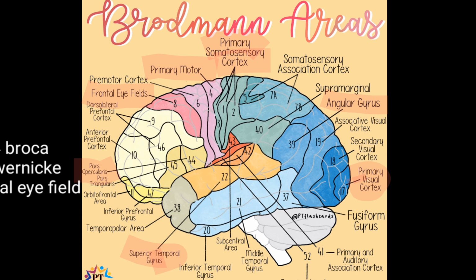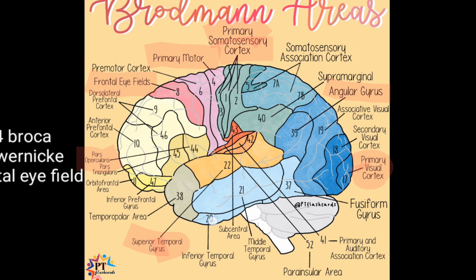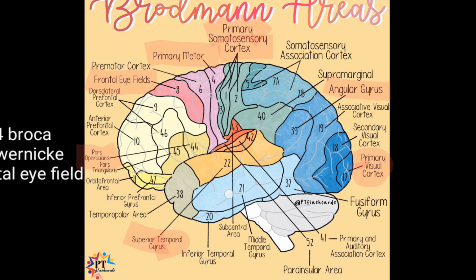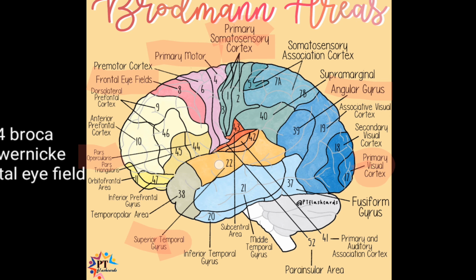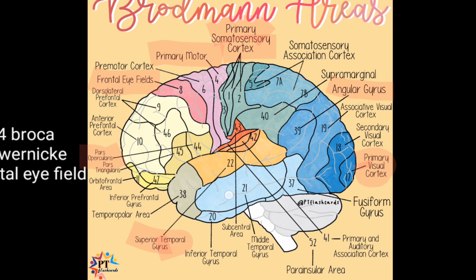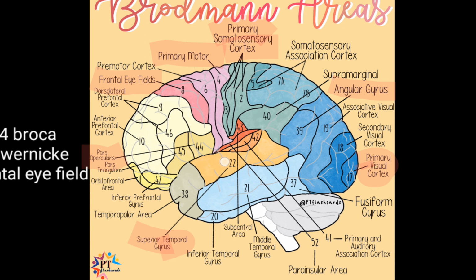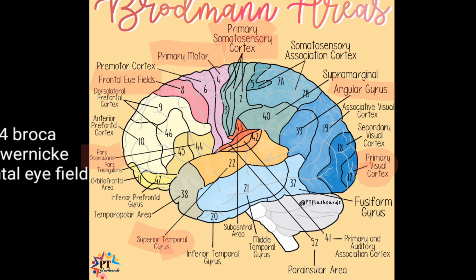19 is the visual association area. Then after 19 we have 20, 21 and 22. 20 is the inferior temporal gyrus, 21 is the middle temporal gyrus and 22 is the superior temporal gyrus. Inferior and middle are linked with vision, but superior is linked with language. From 22 the language starts.